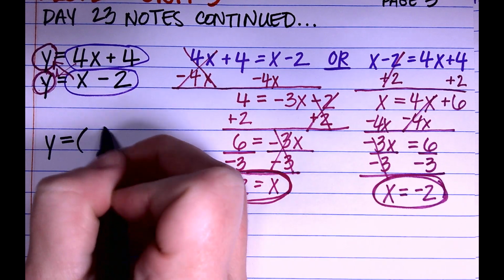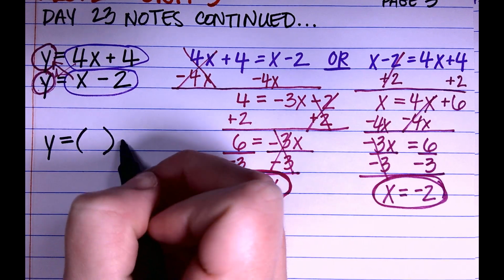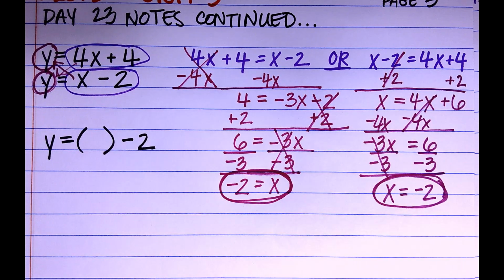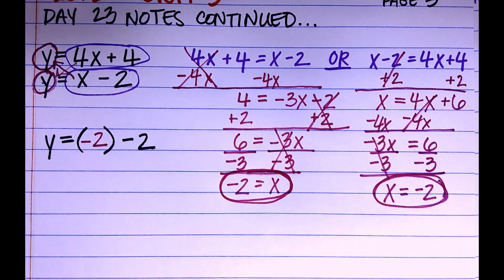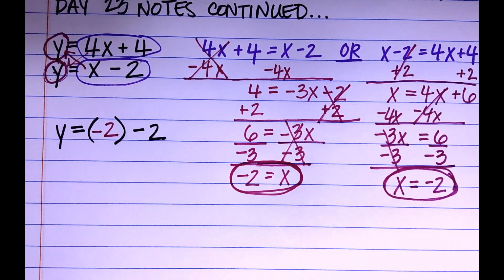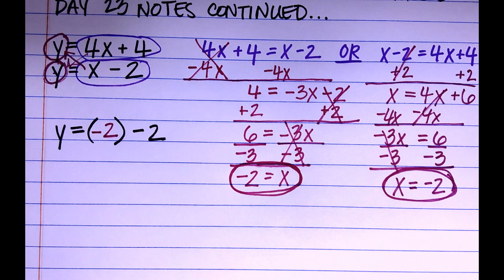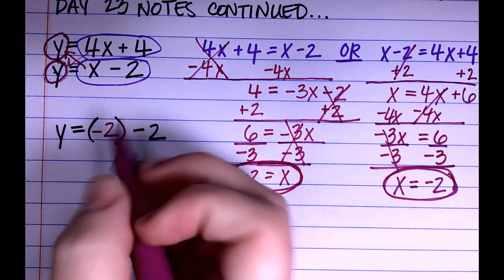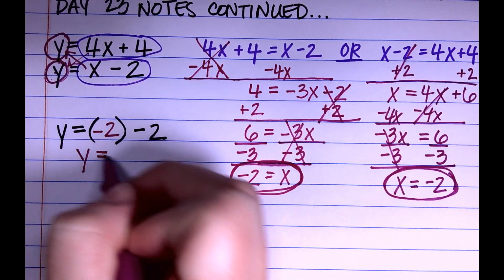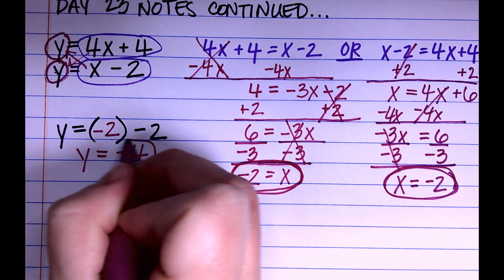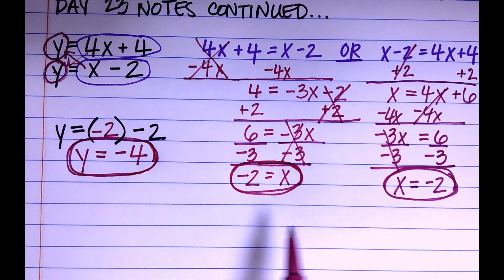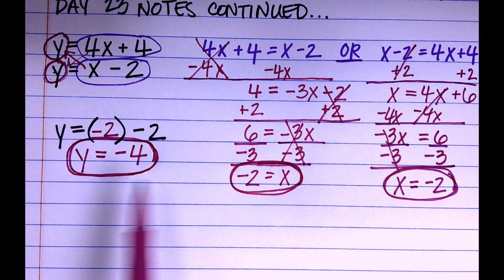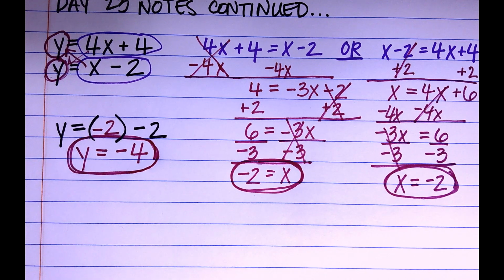Instead of x, negative 2. So what is negative 2 minus 2? Negative 4. Perfect. So we have x is negative 2, y is negative 4.